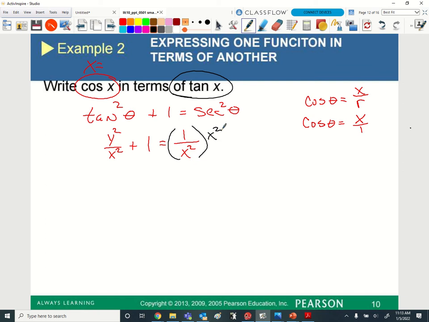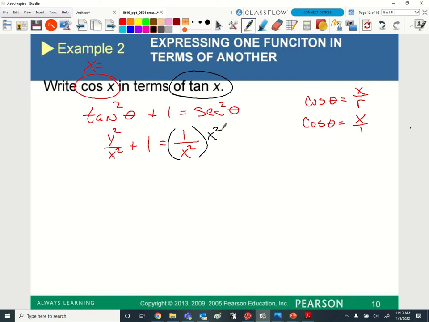Wait, I have a question, Patrick. Yes. Why should we not bring down the theta with the 1 over x squared? You're right, but it's no longer theta. We're just translating our trig, which is this, into algebra. Our algebra doesn't have the thetas.